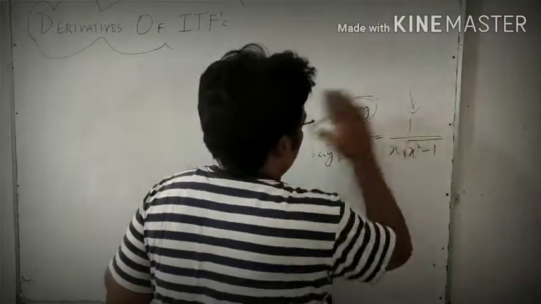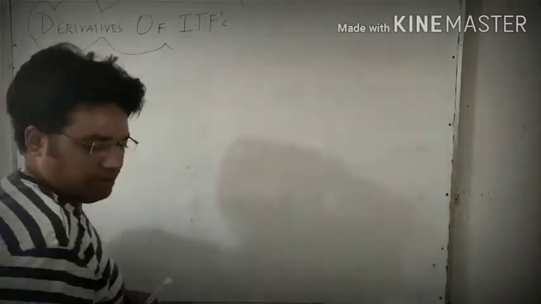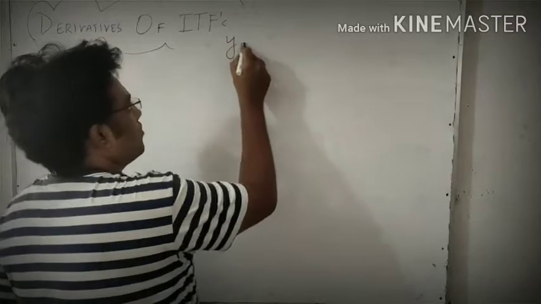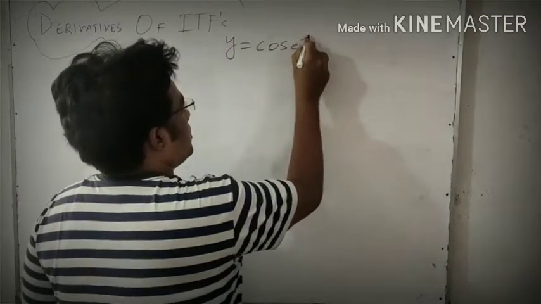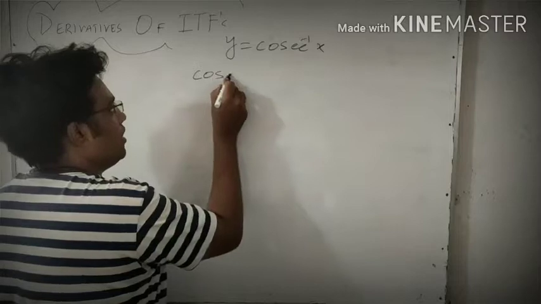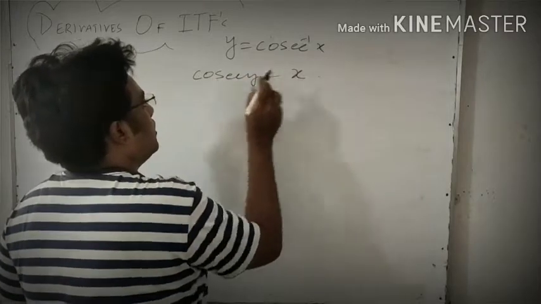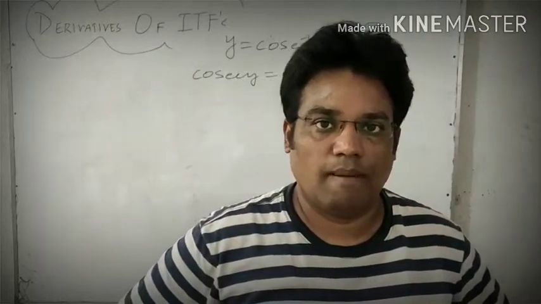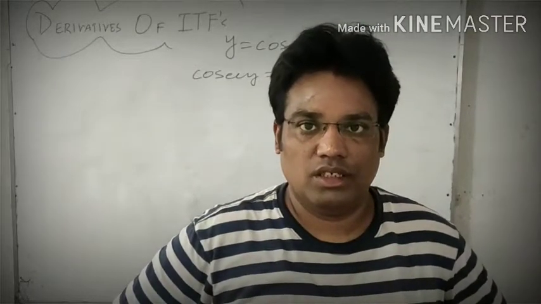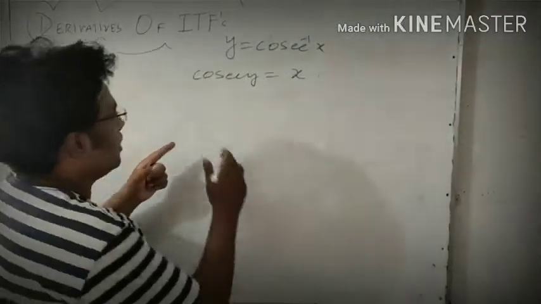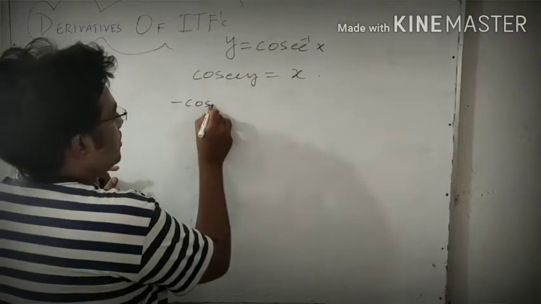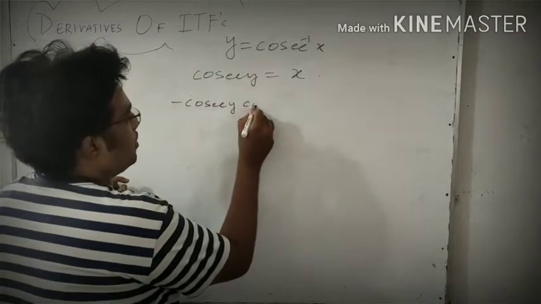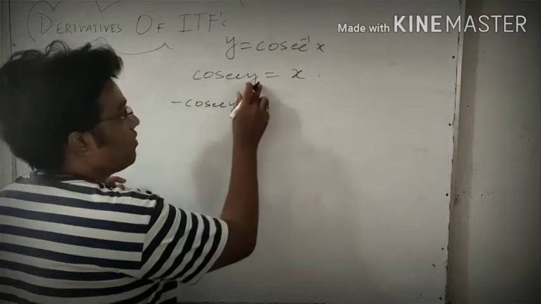So the last one is cosecant inverse x. So cosecant y will be equal to x. Differentiation of cosecant x is minus cosecant x cot x. In the sense, differentiation of cosecant of something is minus cosecant of something into cot of something into differentiation of that something.